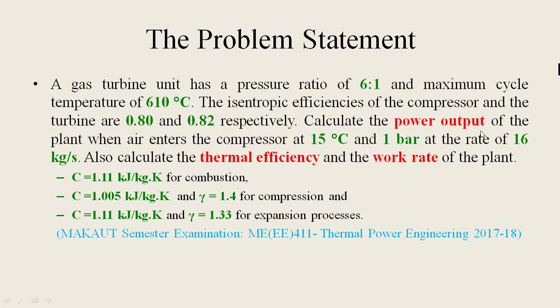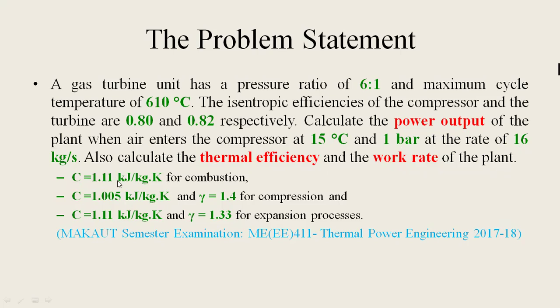Calculate the power output of the plant when air enters the compressor at 15 degrees centigrade and 1 bar at the rate of 16 kg per second. Also calculate the thermal efficiency and the work ratio of the plant.